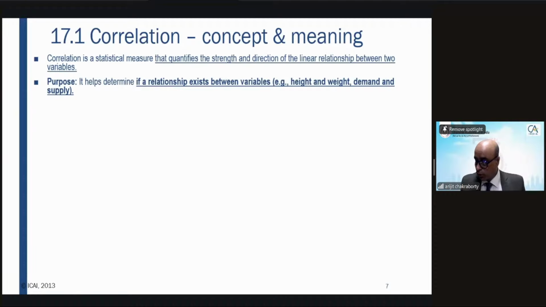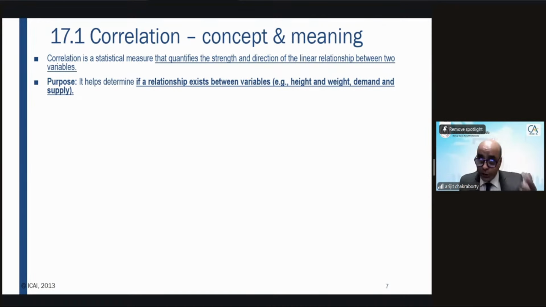For example, we know that when the demand of any product increases, or suppose the price increases. In economics you are well aware about the theory of demand and supply. You know the relationship between price and demand, price and supply. For normal goods, if the price increases, demand will fall. If price reduces, demand will increase.